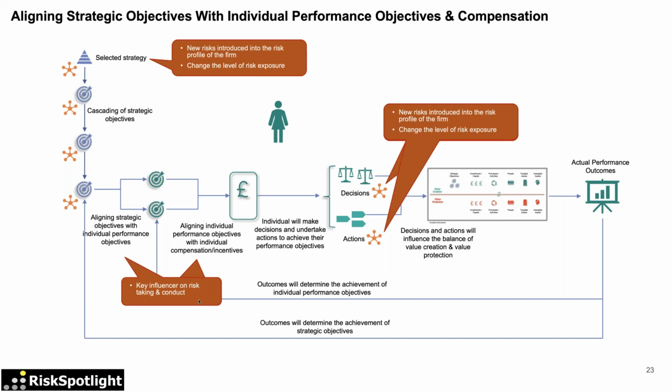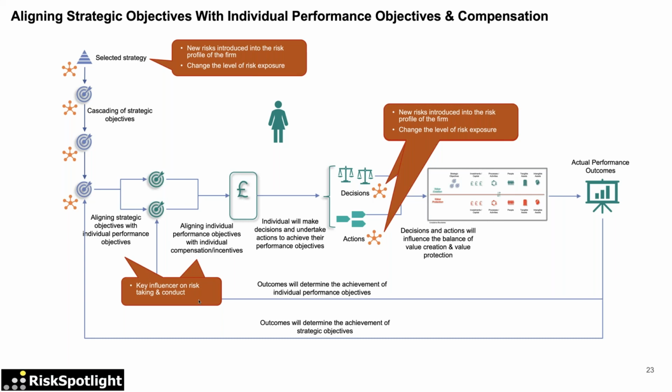And then the decisions and actions being taken also influence the risk exposure, because every decision may bring new risk into the organization, or it may change the level of exposure of existing operational risk.